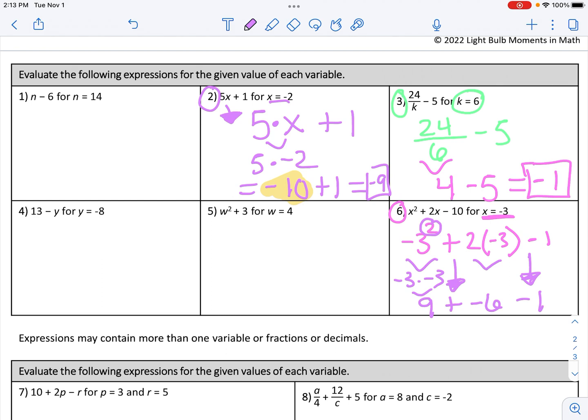Now with PEMDAS, you add and subtract left to right. So we have our addition first. 9 plus negative 6. Same sign add, different sign subtract. I have a negative and a positive here, so I'm going to subtract. 9 minus 6 is 3, and the larger number, 9, is positive, so my answer is going to be positive 3. Then I have 3 minus 10 left, so my answer would be negative 7.